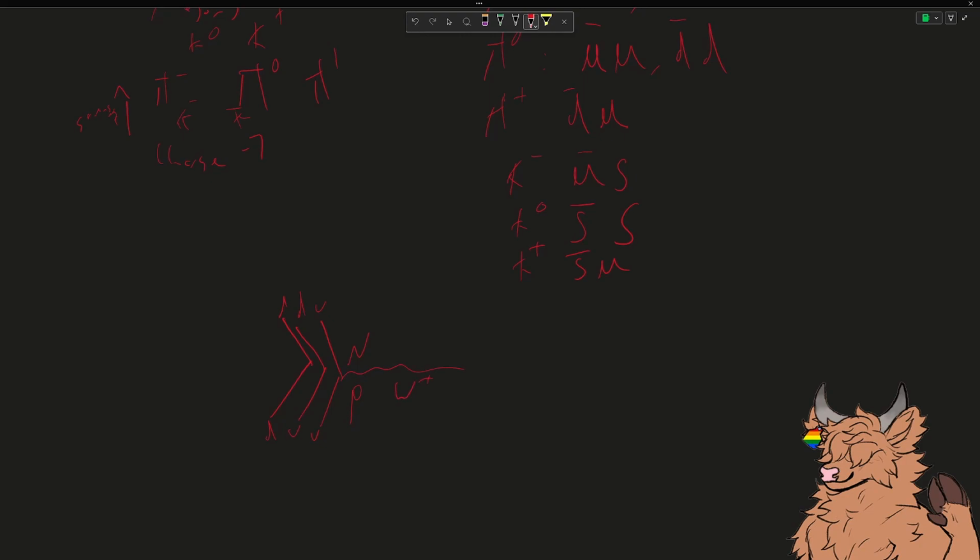W plus boson, and we get a beta particle. That was a lovely beta. Look at that. That was beautiful. That was absolutely beautiful. And we get an electron neutrino. That is our Feynman diagram there.